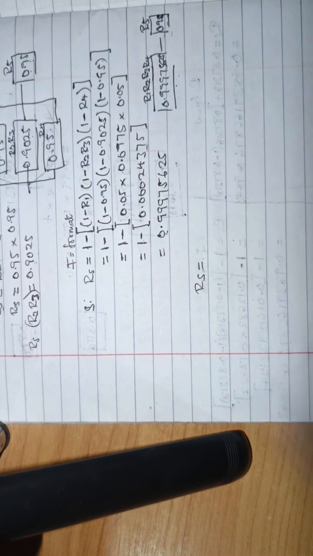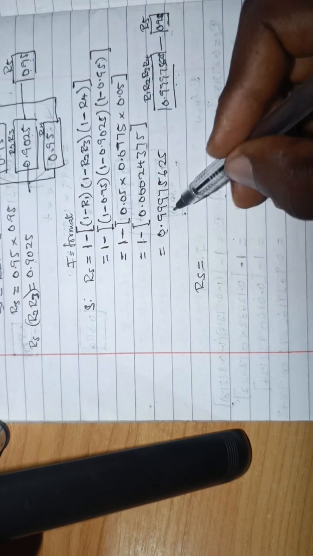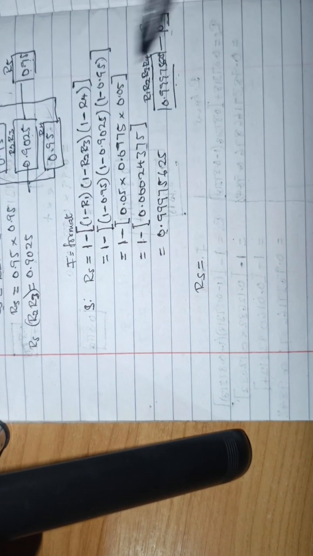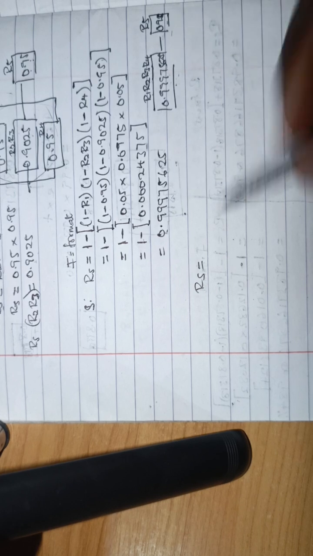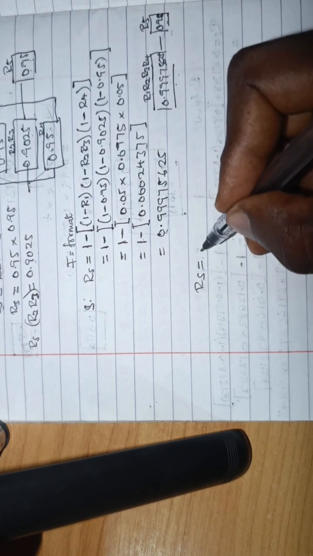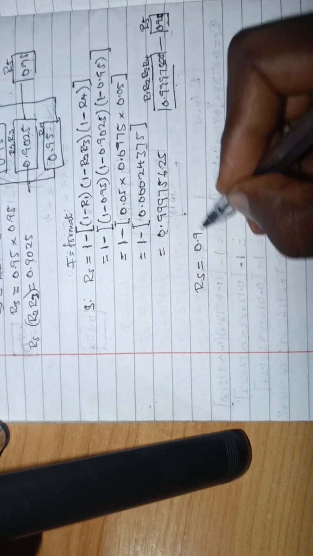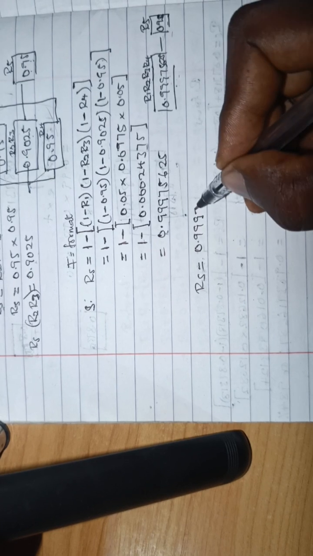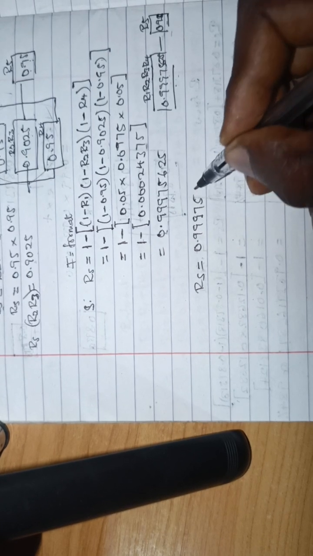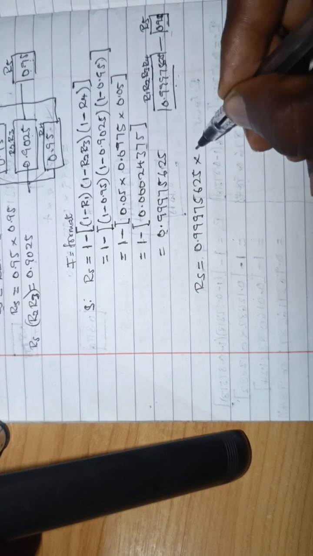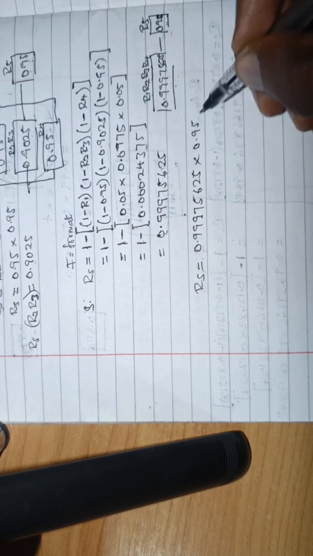Okay. All right. So we continue. So now all this has become this, which is this. So to find our system reliability, we just have to multiply 0.999755625 by 0.95.